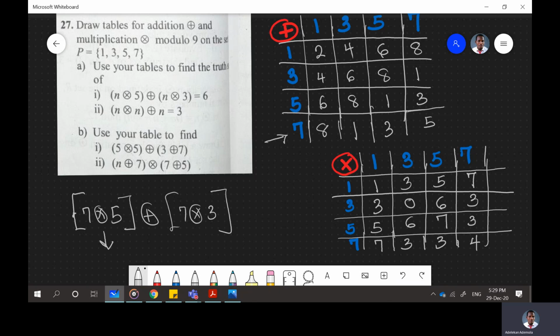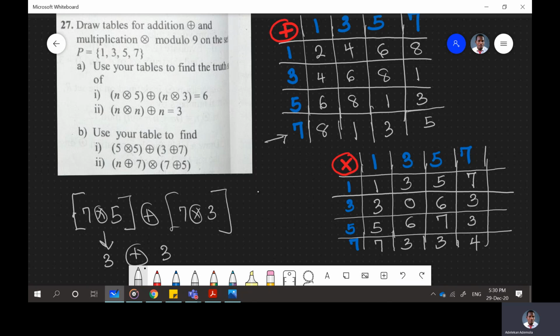So I got 3 here. Plus, what is 7 times 3? 7 times 3 is 3. So I have 3 plus 3. 3 plus 3 from the table is 6, as you can see.